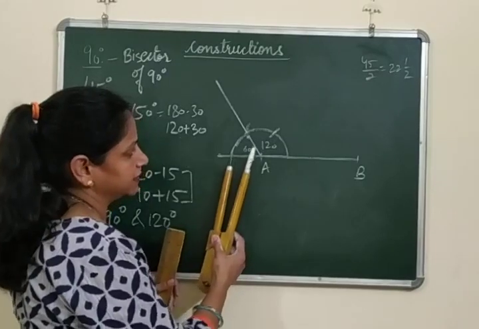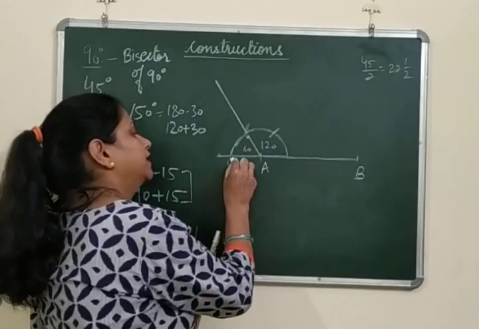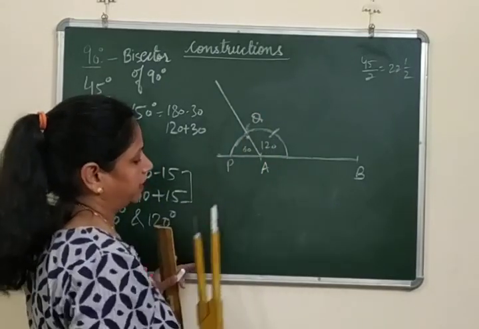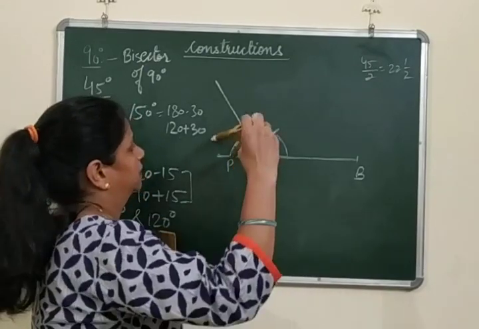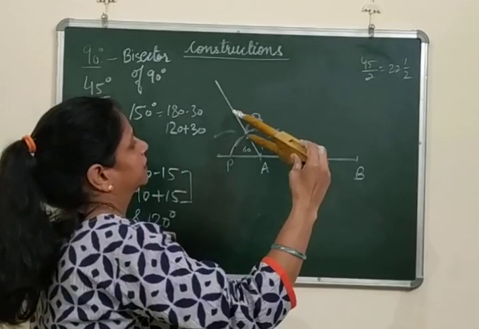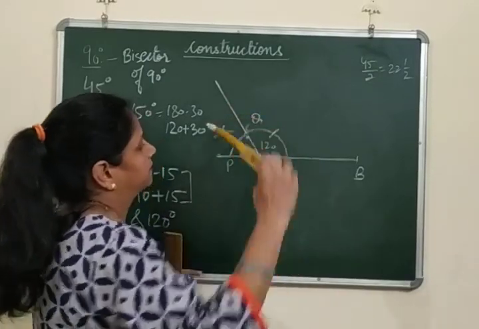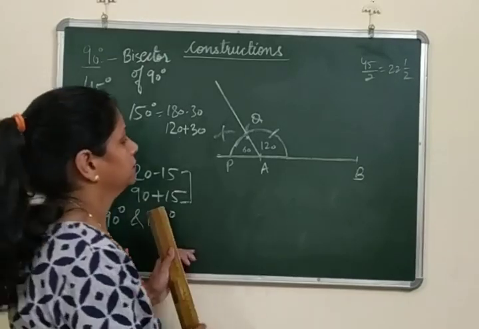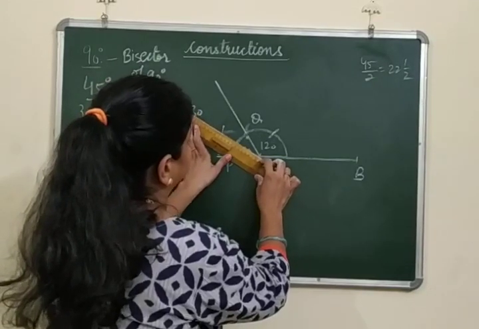These are the 2 points, this and this. You can name these points, let it be P and let it be Q. So P और Q का angle bisector कैसे बनाएंगे? Open any radius, put it on P first, make an arc with Q, cut the previous arc like this, and then join this arc with A. Join this arc by point A like this.